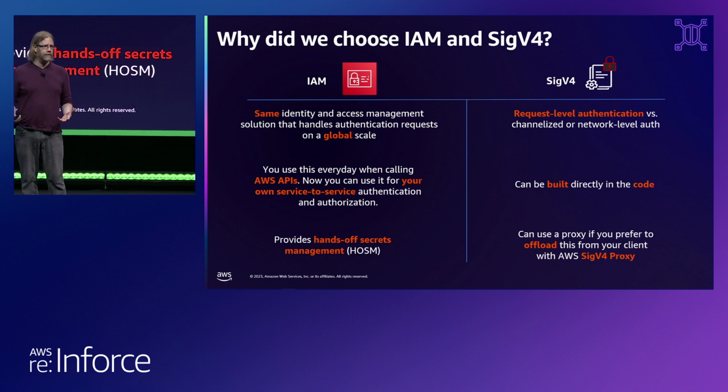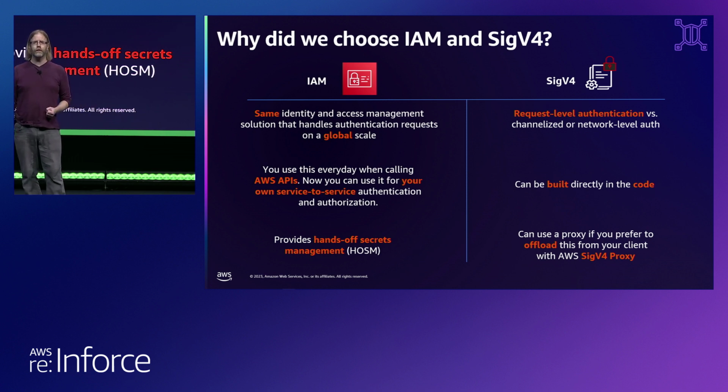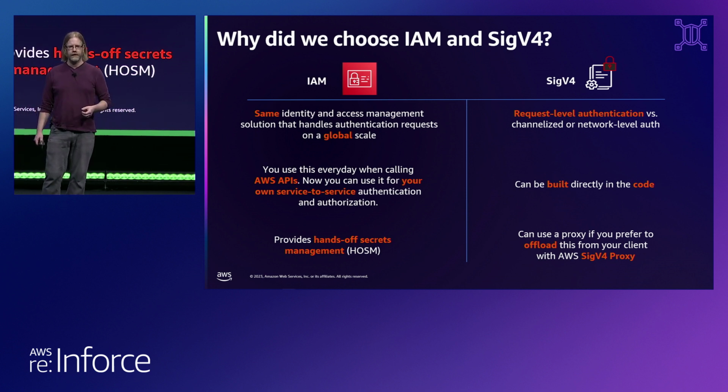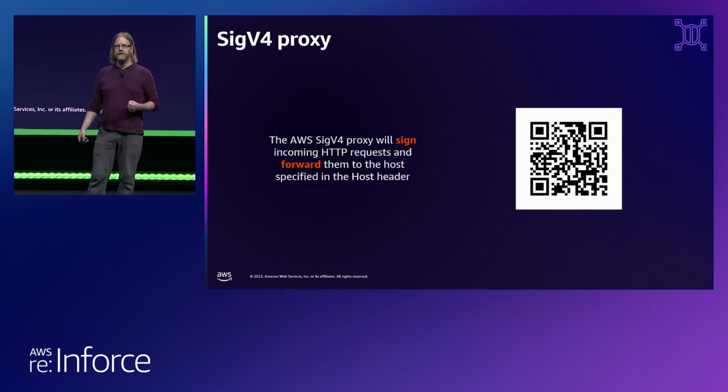We use it all the time, more or less eating our own dog food. And if you prefer, you can offload this using our SigV4 proxy, which is available on GitHub, which I have listed here. Basically, it'll offload the HTTP requests and forward them to the host. This is a link to the actual, I think it's a Git repository.